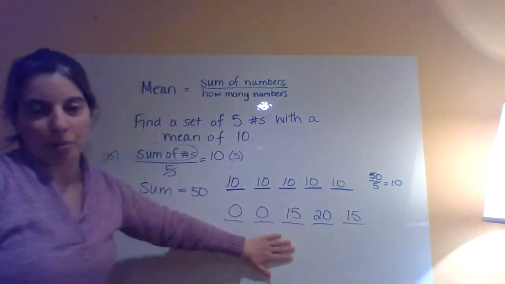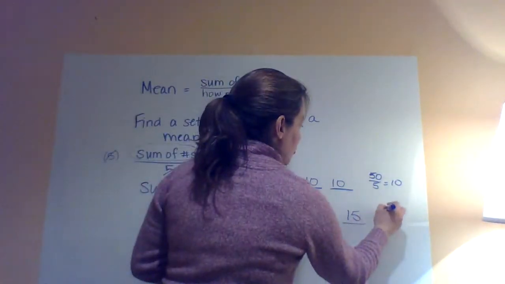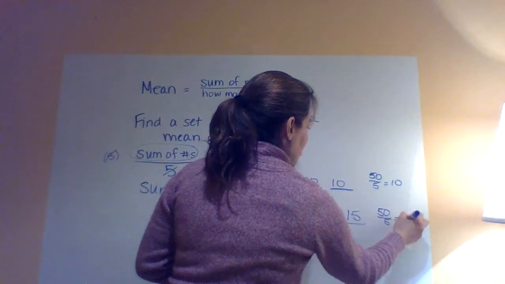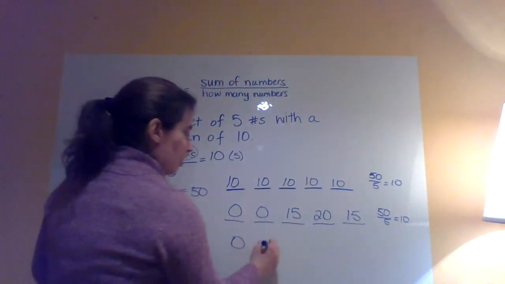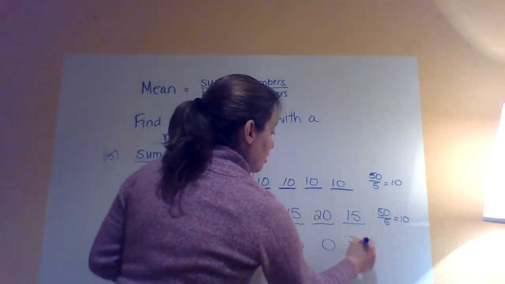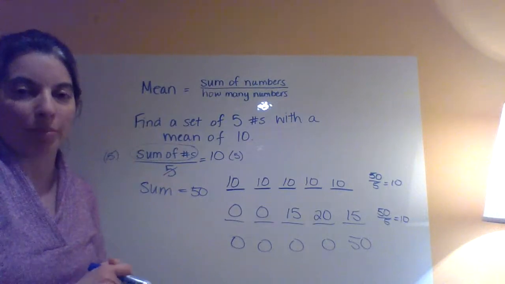Those aren't in order anymore, right? So we have to be careful if we're finding the median. But again, this adds up to 50. I divide by 5. My average is going to be 10. Okay? I could have 0, 0, 0, 0, 50. Right? Or I could have any combination that I want as long as they add up to 50.